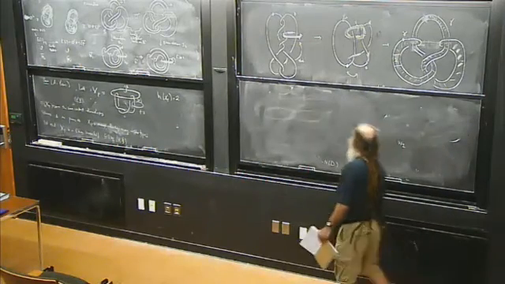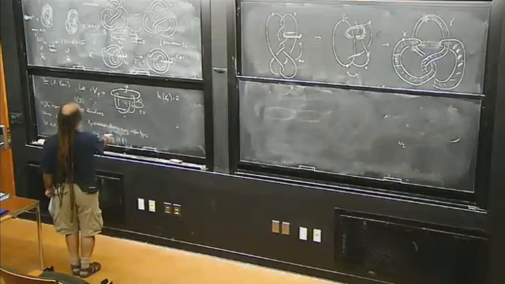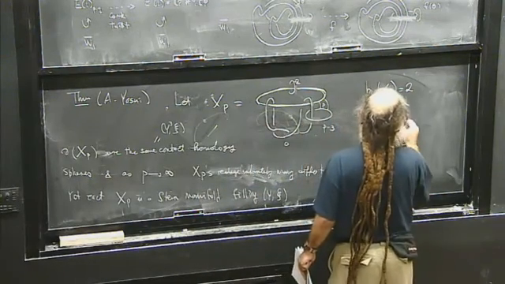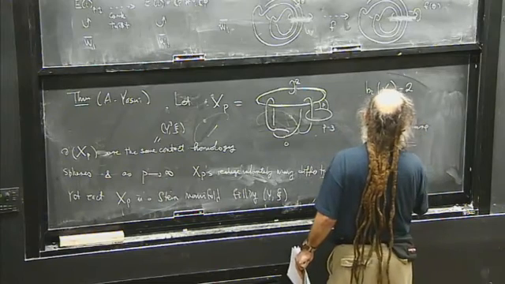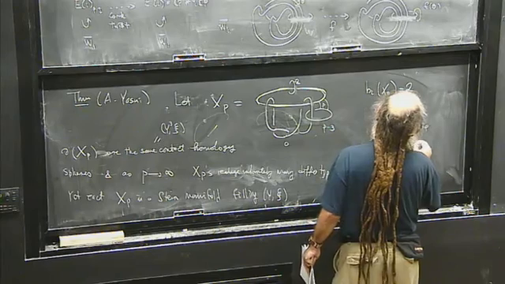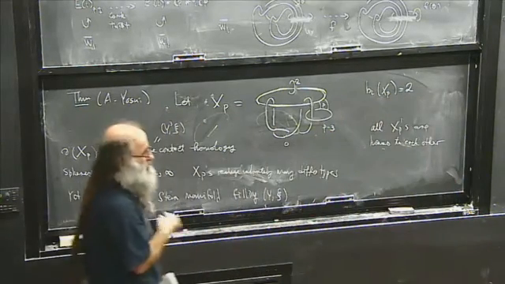And they are diffeomorphic to each other on the boundary. In fact, all X_P are homeomorphic to each other. So exotic means that they are homeomorphic but not diffeomorphic to each other.